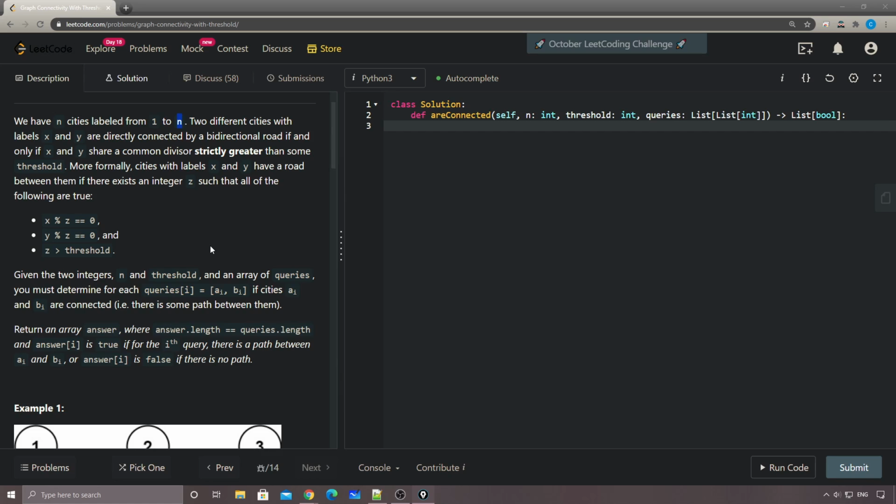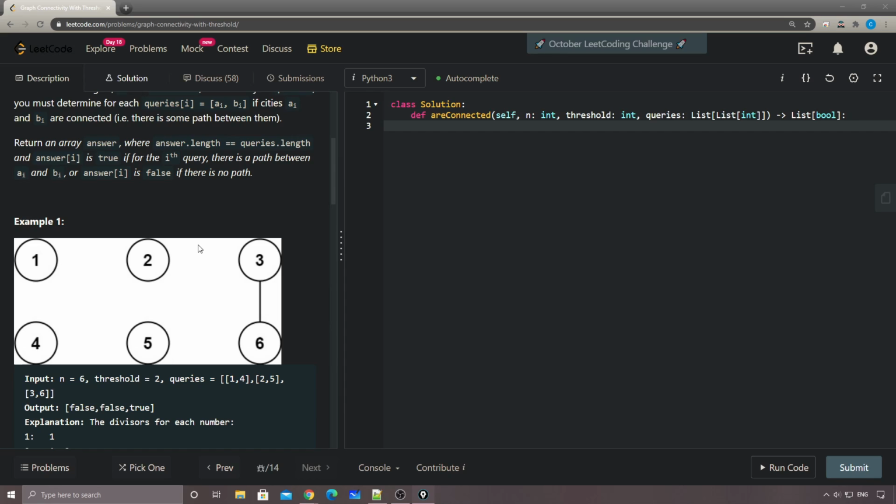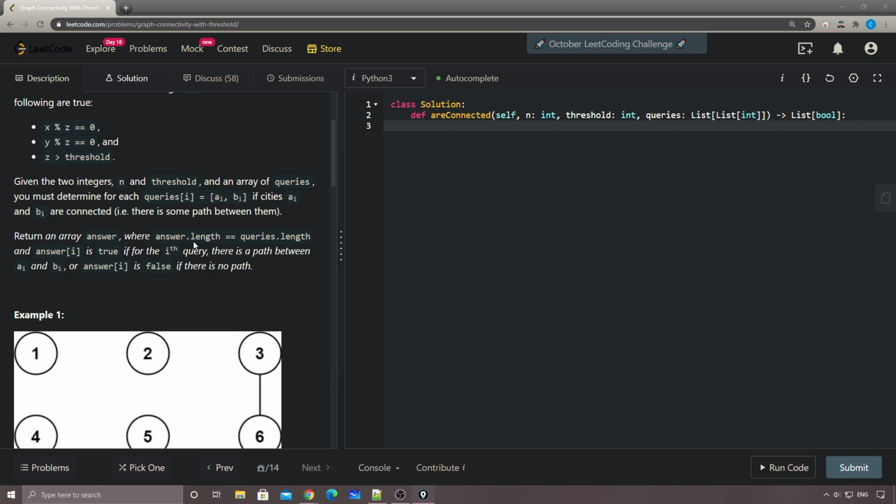And now the problem comes down to how can we build this union find data structure.